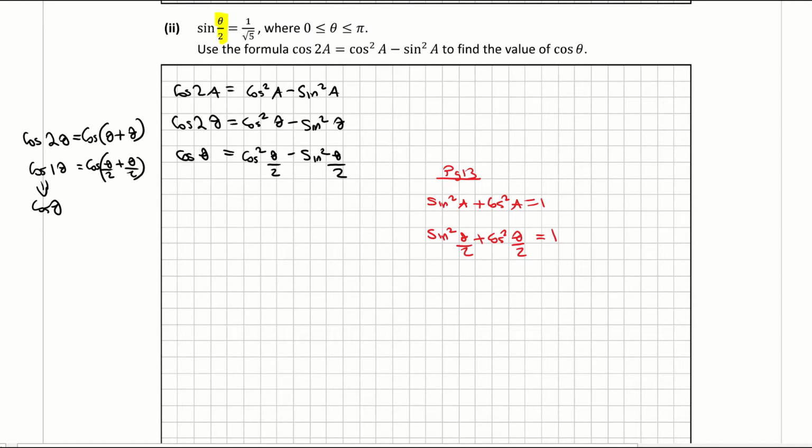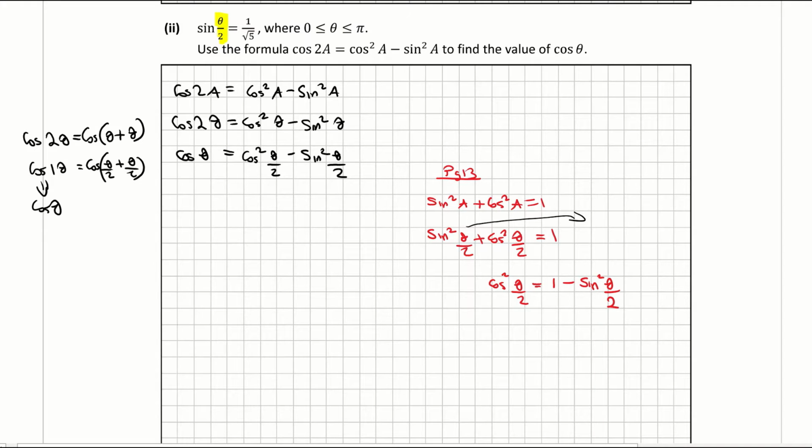I'm just changing my angle basically. Now if we were to subtract sine squared theta over 2 from both sides, or in other words moving it over, I would get cos squared theta over 2 is equal to 1 minus sine squared theta over 2.